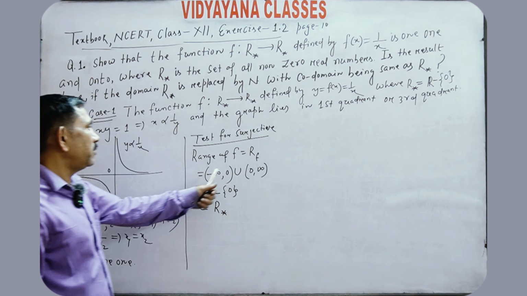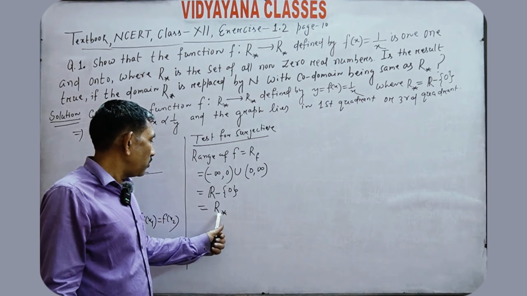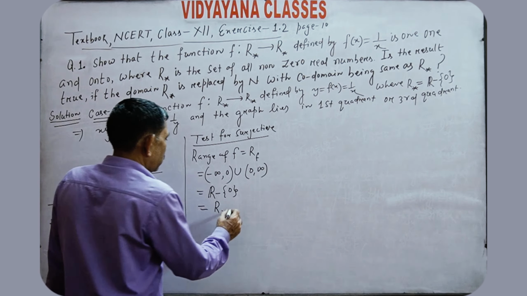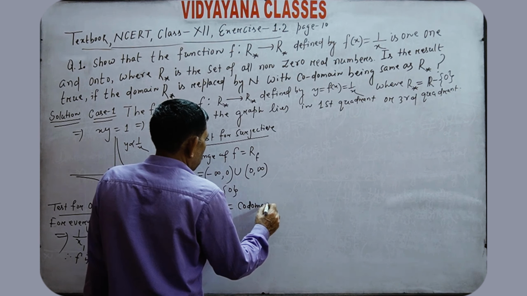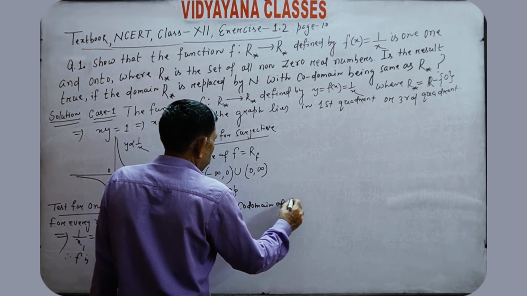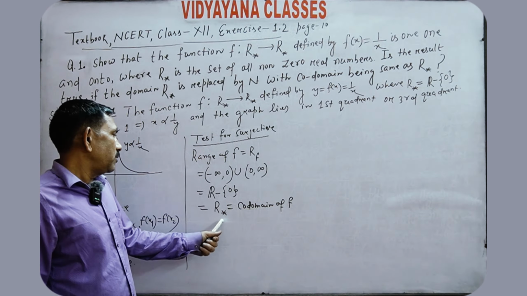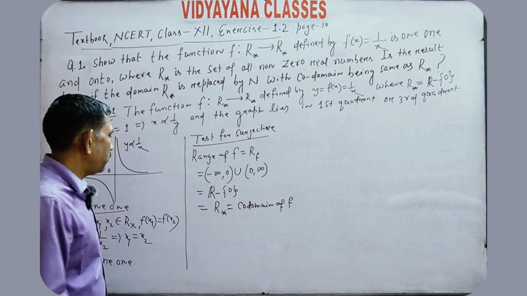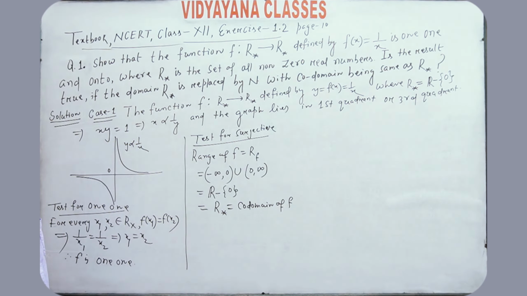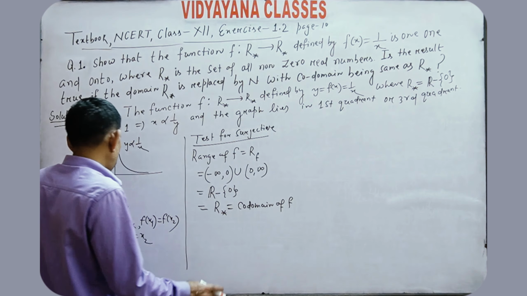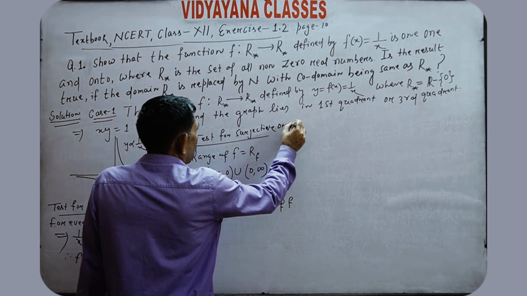If the range of f is equal to the codomain of f, it implies the function is surjective or onto.